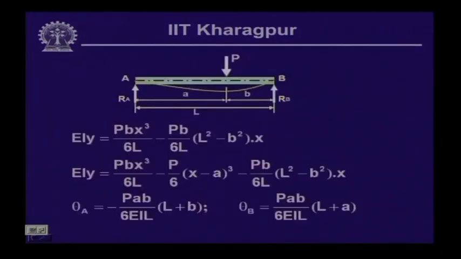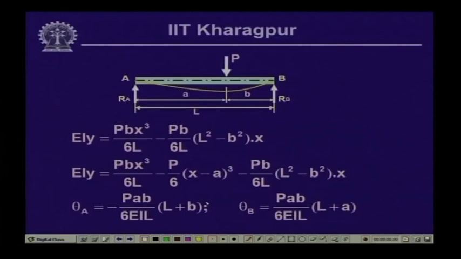Now, let us look at this particular beam. We have evaluated that the deflection for segment 1 is EIy equals P b x cube by 6L minus P b by 6L into (L square minus b square) into x, and for segment 2 we have EIy equals P b x cube by 6L minus P by 6 into (x minus a) cube minus P b by 6L into (L square minus b square) into x.